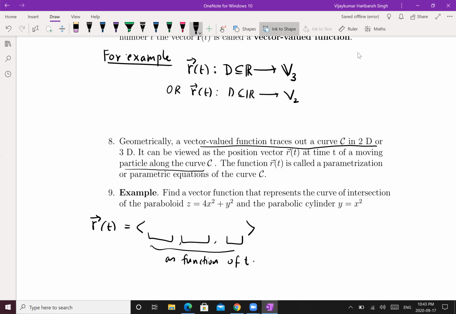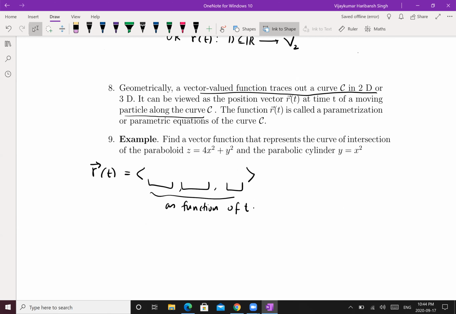So if you think about it, we only need one variable in this. So let's see. We have z equals 4x squared plus y squared, and we have y equals x squared, and x equals, well, x. Now this should give us an idea of what our function could be. So let x be t. If x is t, then y is going to be x squared, which is t squared.